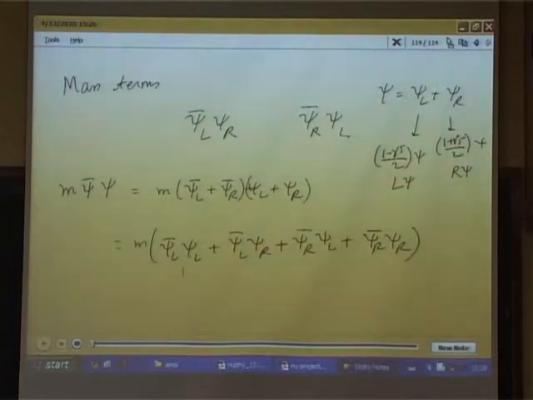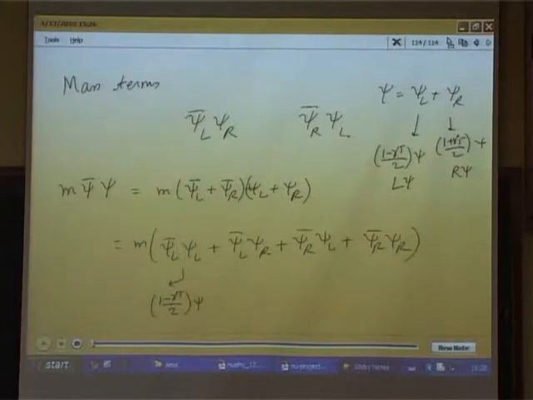Now look at this term, psi bar psi. So psi_L is (1 minus gamma_5)/2 times psi.